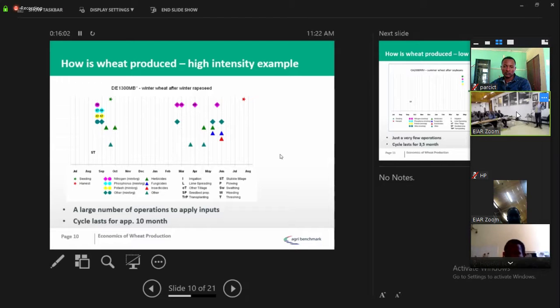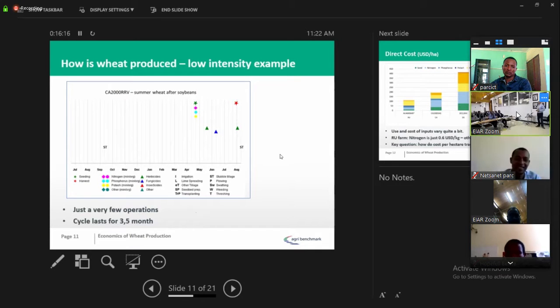I don't want to spend too much time, just to illustrate how complex and how sophisticated the production system is. So that is one extreme, I would say, and the other one is the one from Australia.